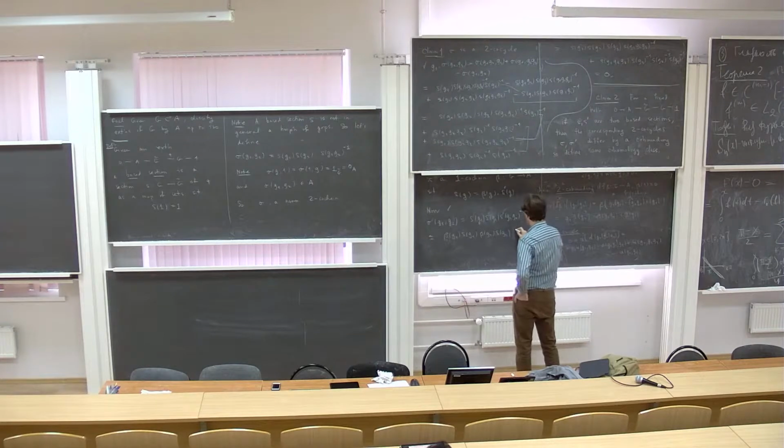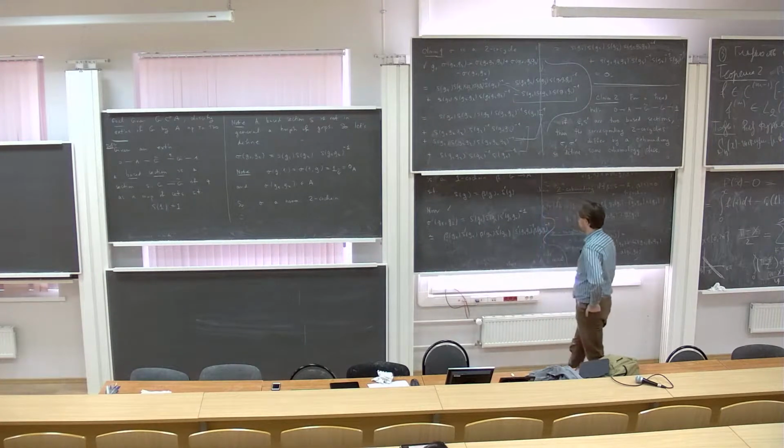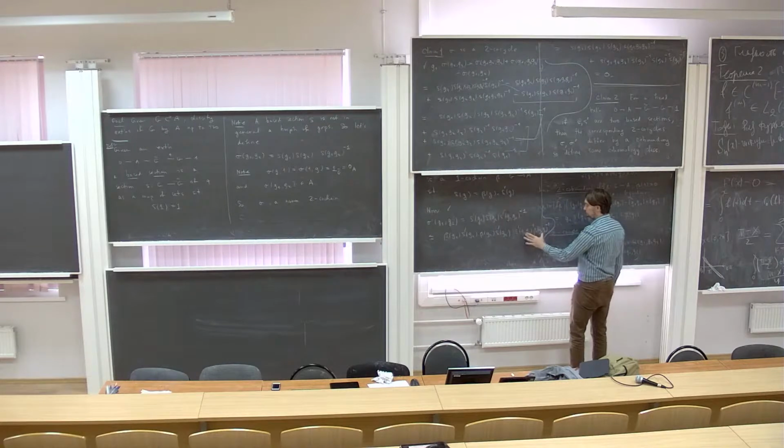This is going to be S prime of G1, G2 inverse times beta of G1, G2 inverse. This is this whole expression inverted.